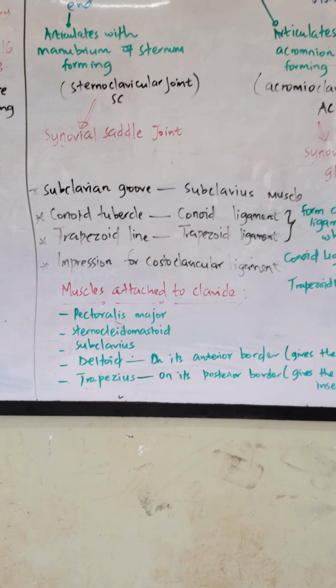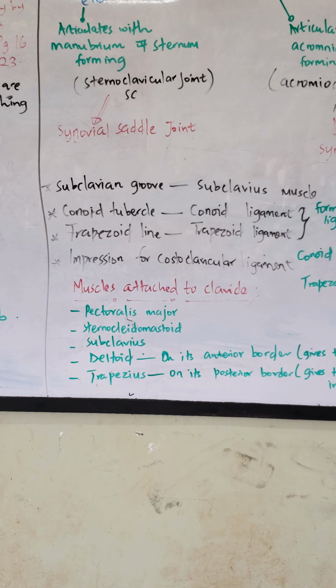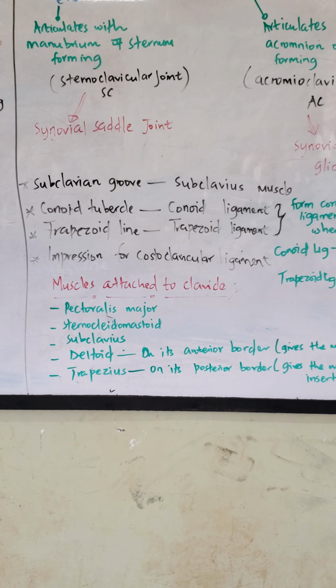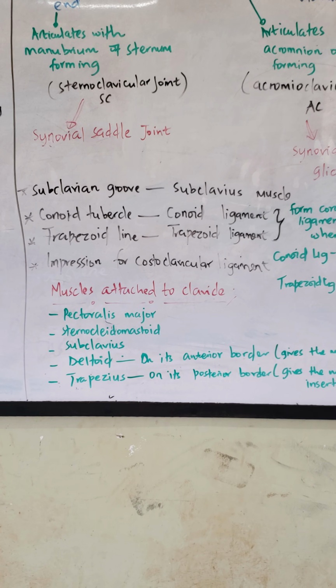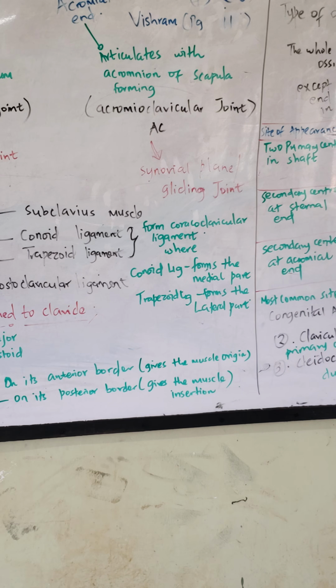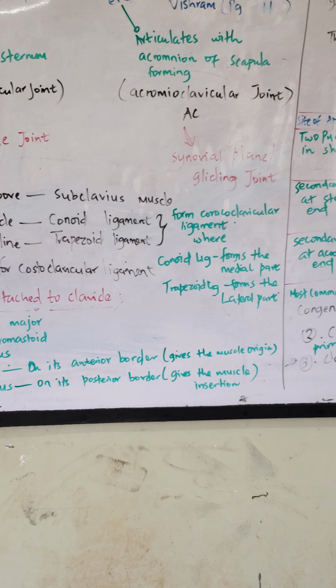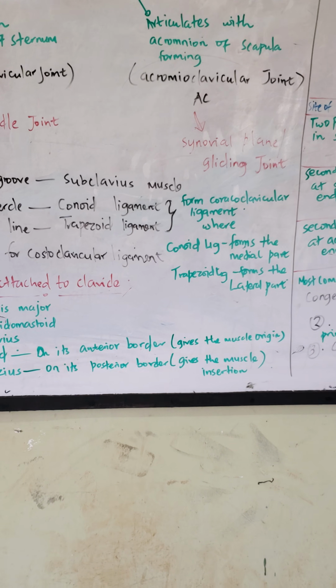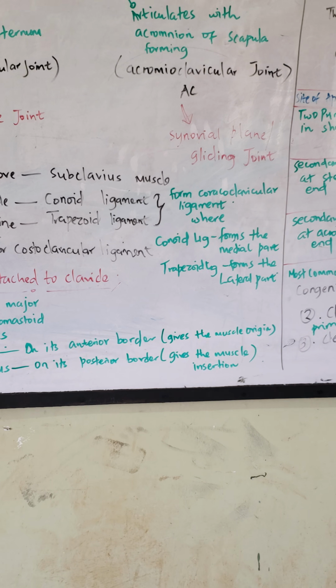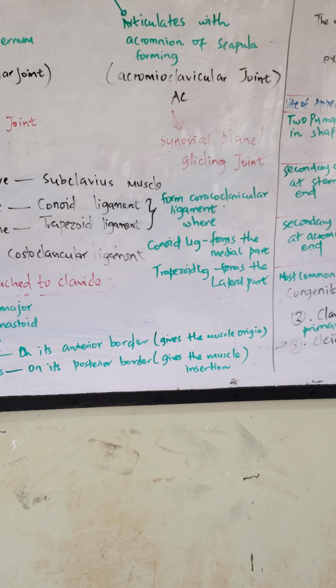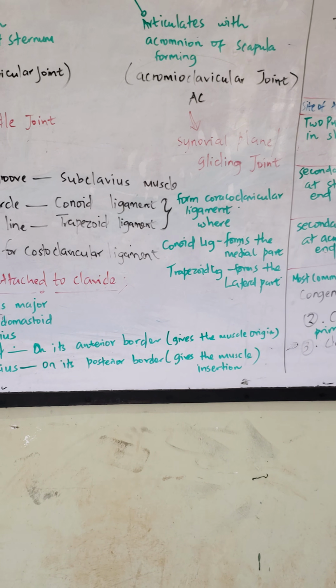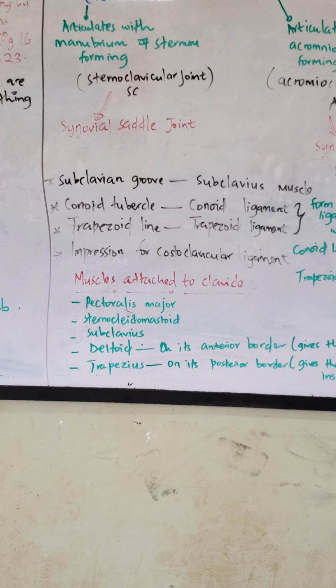Trapezoid line does not inhabit the trapezius muscle. You have to know that. It provides attachment for the trapezoid ligament. And these two ligaments form what we call the coracoclavicular ligament, where the conoid ligament forms the medial part, whereas the trapezoid ligament forms the lateral part.